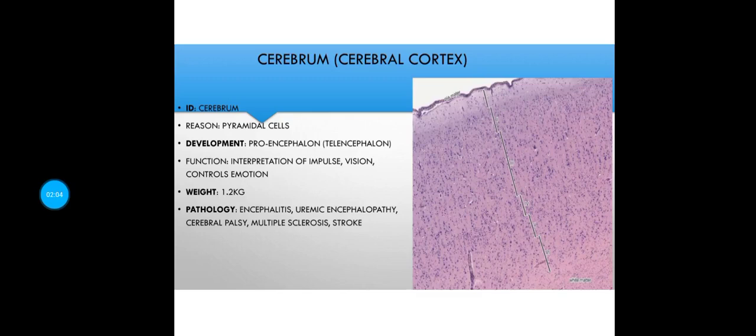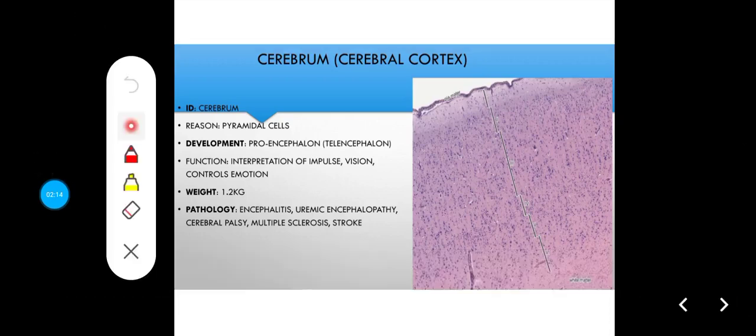Covering the gray matter is the pia mater, which is the innermost layer of the meninges. If you're looking at the histology of the cerebrum, the outer covering represents the pia mater, which is a layer of connective tissue.